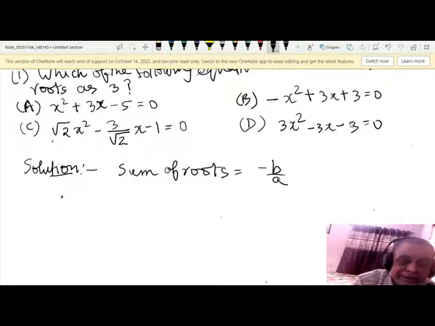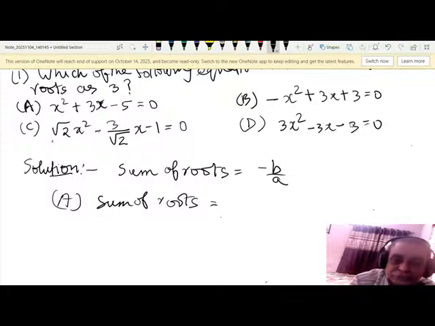So, in the A choice, what is b? B is the x coefficient. Here you put a minus sign and the coefficient is plus 3.